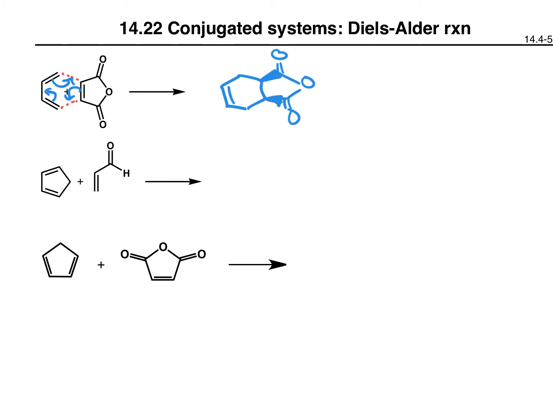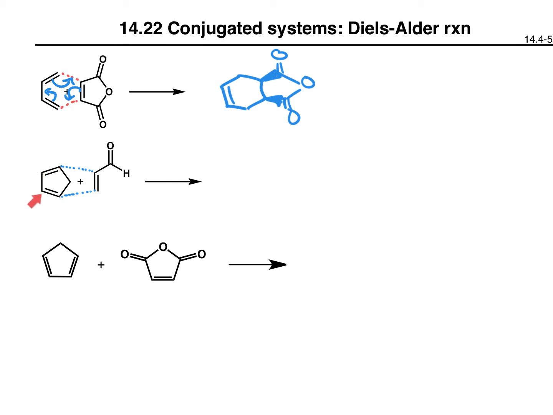In the next example, focus on the ends of the diene. So this carbon is going to become connected to this carbon of the dienophile, and this carbon is going to become connected to the other end of the dienophile. Okay, so this carbon does not get directly involved.